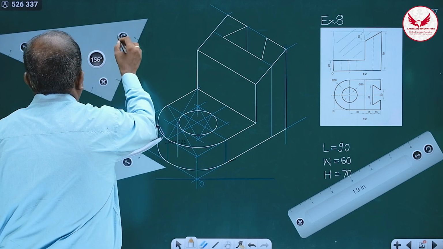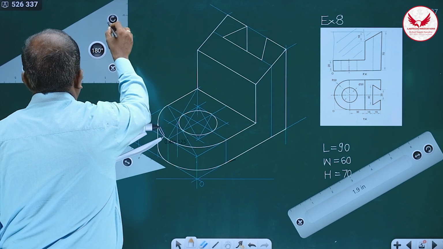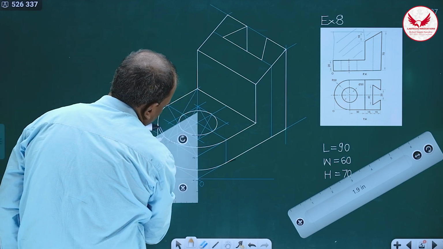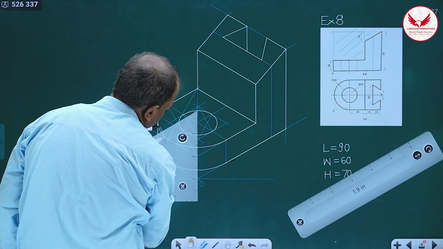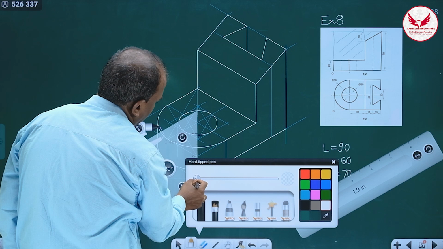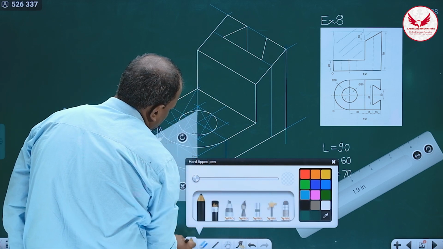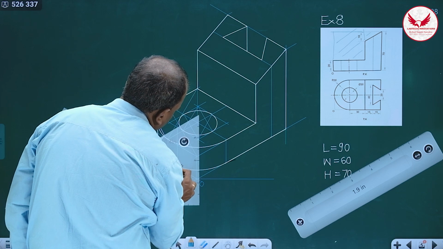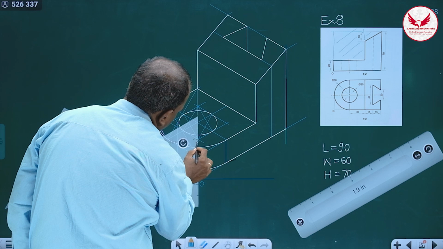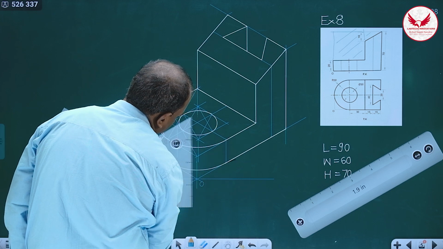Shift that center by 20 mm. By how much distance do we have to shift that center? Whatever this center is, you can mark this vertical line and shift this center perfectly by 20.